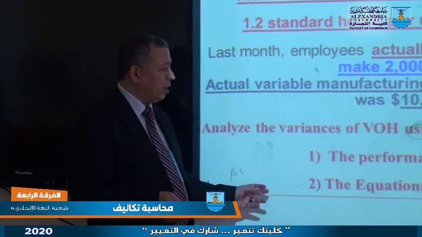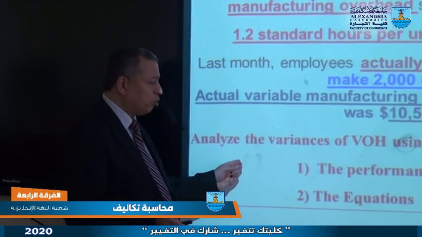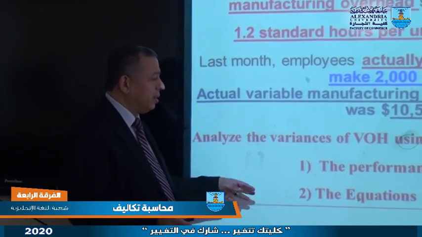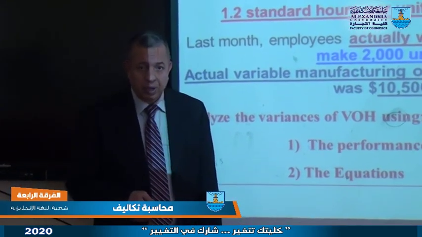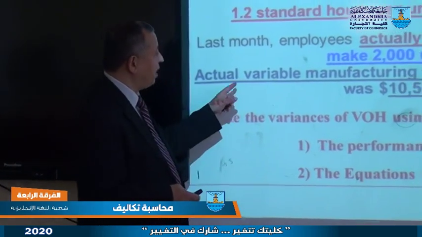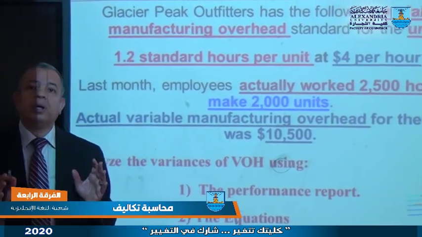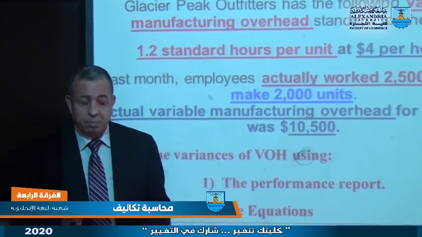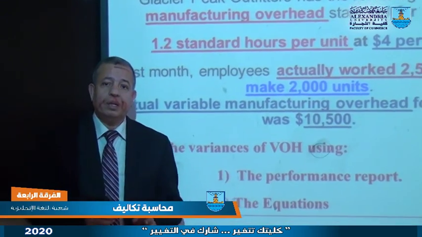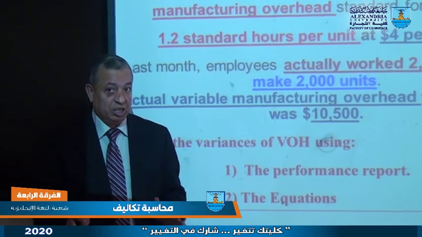Regardless, my first requirement is to prepare a performance report or equation. Regardless of the requirement, I told you, you have to calculate your amounts. Your table for manufacturing overhead, like your table for direct labor, okay? But there is special treatment when I speak about fixed overhead, okay?